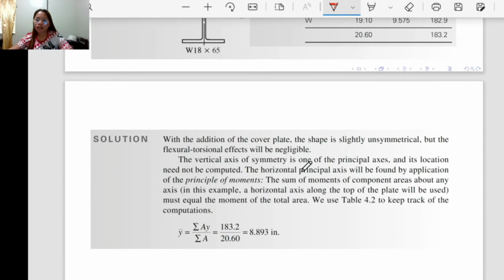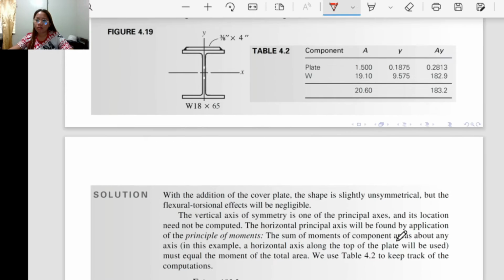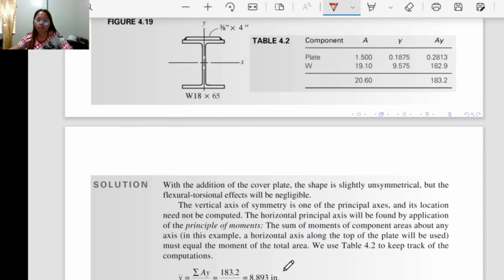But the horizontal principal axis will be found by the application of the principle of moments. The sum of moments of component areas about any axis, in this example a horizontal axis along the top of the plate, must equal the moment of the total area. We use Table 4.2 to keep track of the computation.